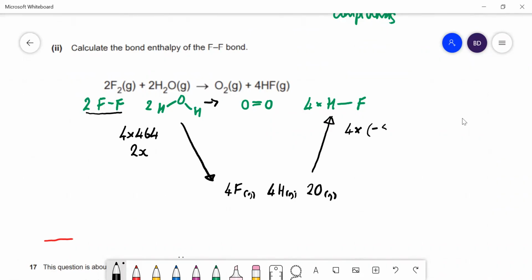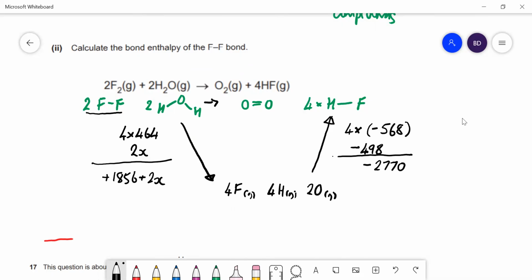Now I'm going to get minus because we're forming bonds, so that's exothermic. 568, 4 of them, and we're forming 1 oxygen double bond, which is minus 498. Add all that lot up together, that comes to minus 2,770, and add that lot together, that comes to plus 1,856 plus 2x.